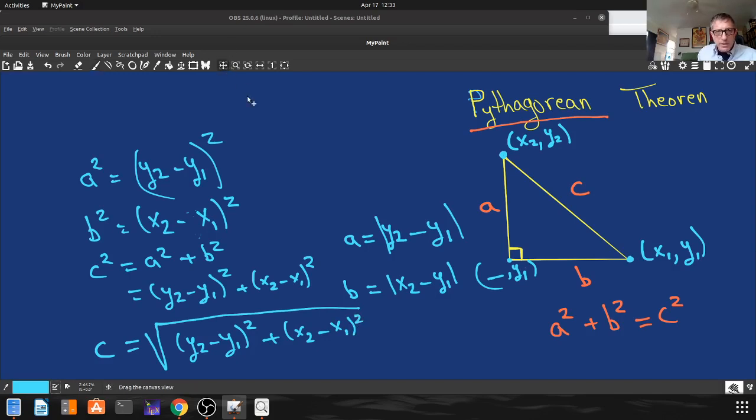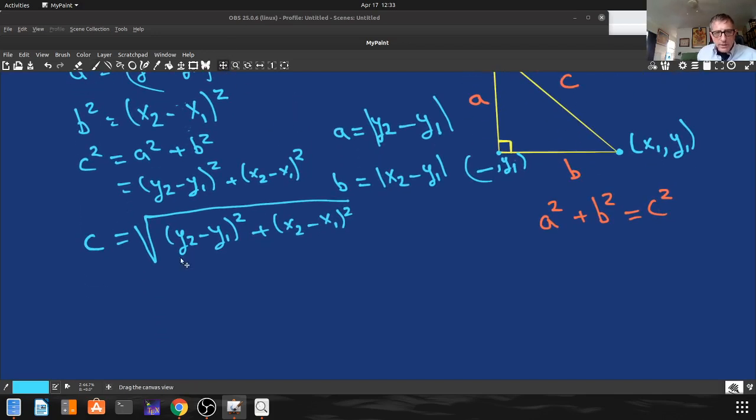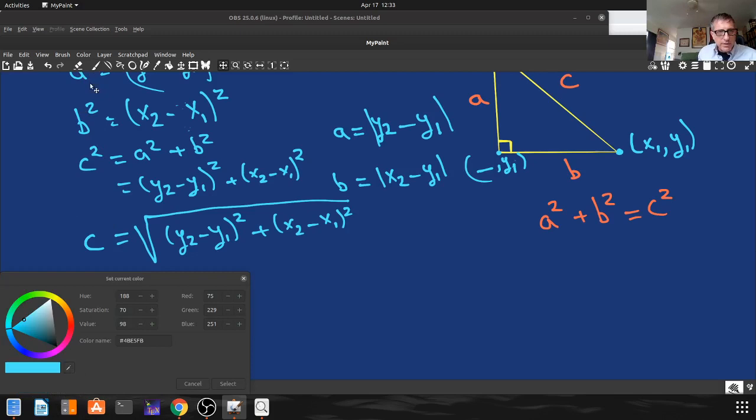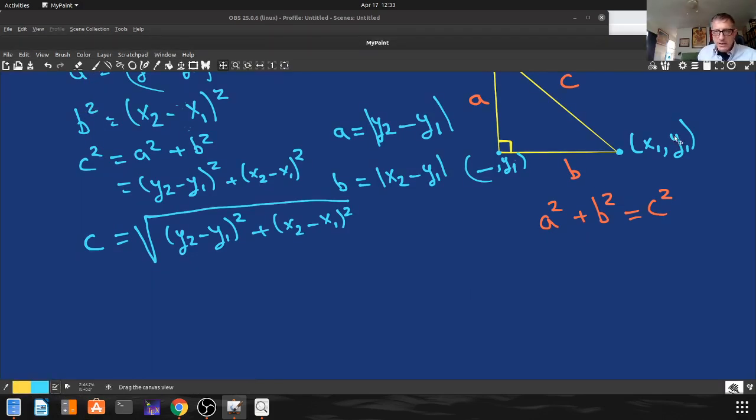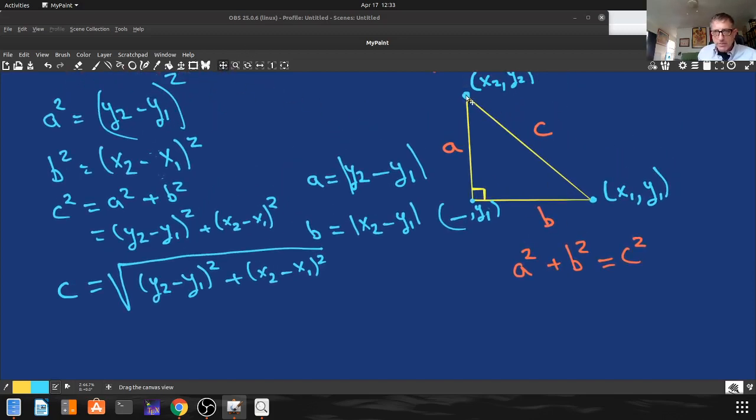So notice here that since this is plus, I could also write the distance between 2 points as follows. Remember, C is the distance between those 2 points. This point and this point. So I could also write the formula this way.